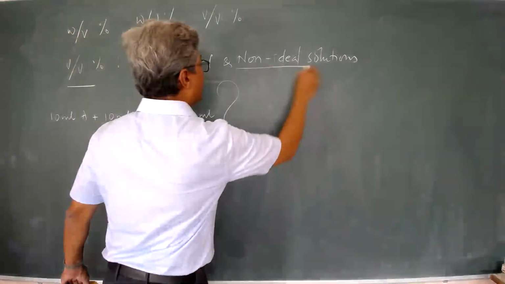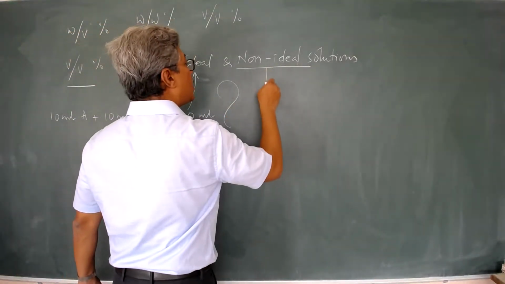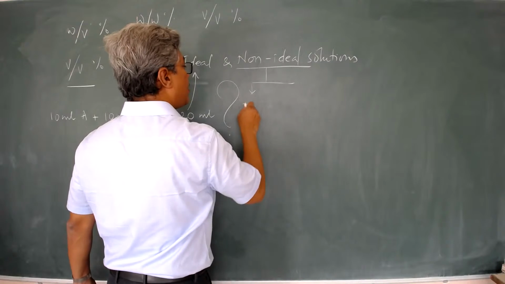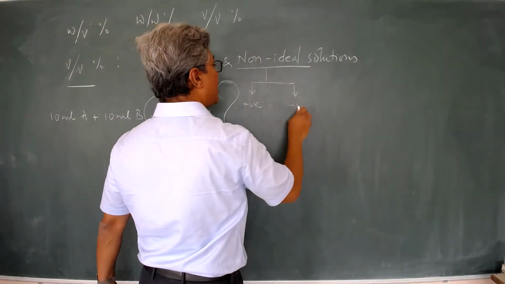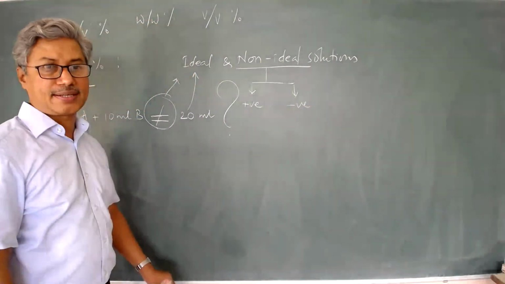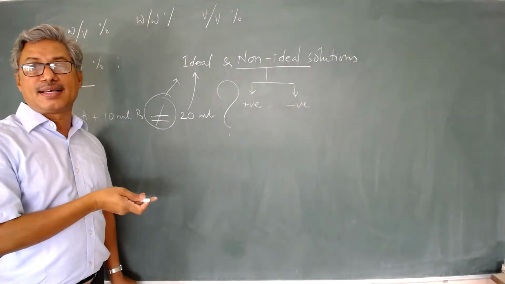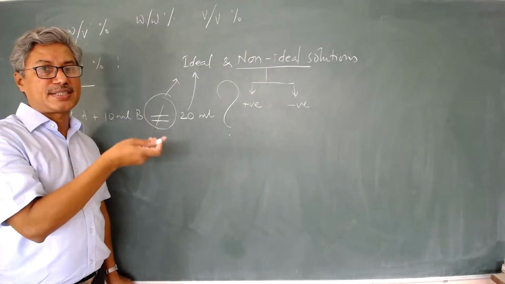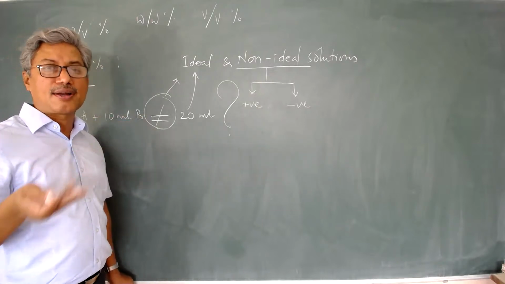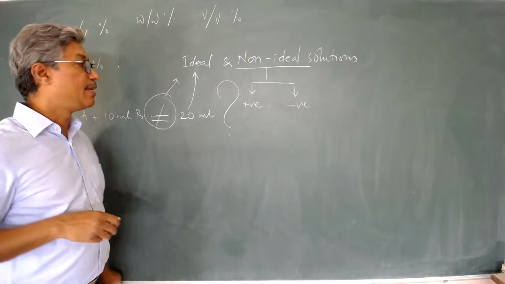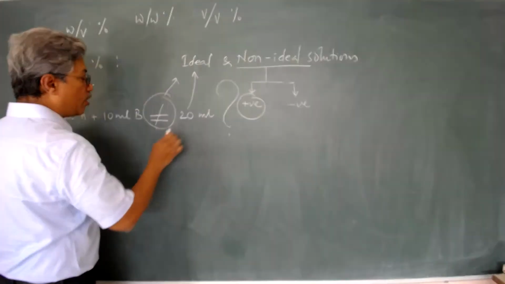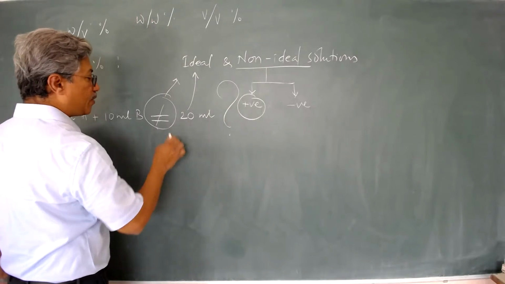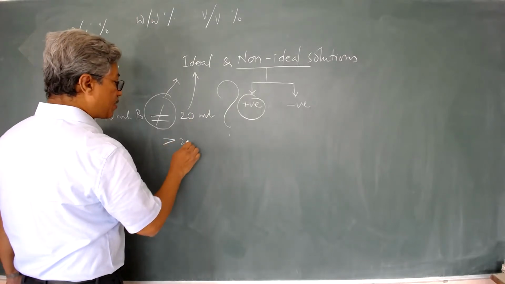And if it is non-ideal, then it can be of two types: positive deviation from the ideal behavior and negative deviation from the ideal behavior. As you have seen in the gaseous state, positive deviation from the ideal gas law or negative deviation from the ideal behavior. Like that. If it is positive deviation, the total volume will be more than 20 ml.